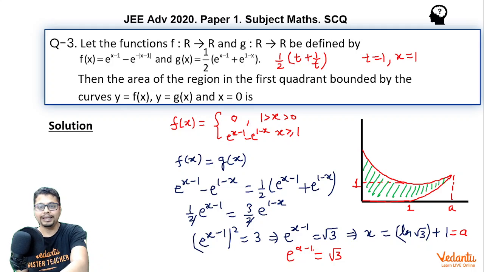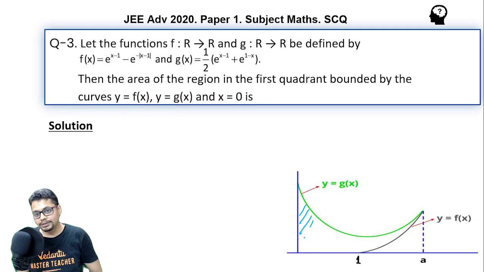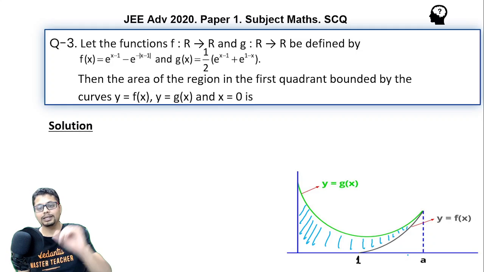So now let's find area. We want to find area of this region. And if you see carefully, it is like area under the curve of y equal to g of x from 0 to a minus area under the curve for y equal to f of x from 1 to a.